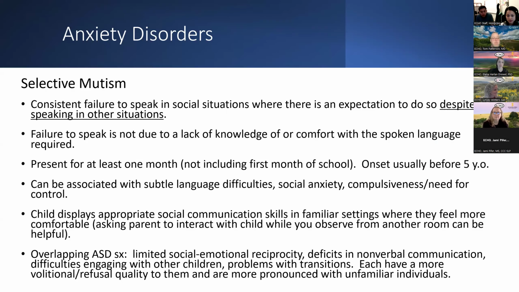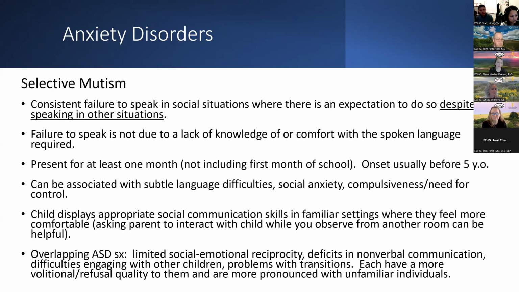So selective mutism. Selective mutism is basically a consistent failure to speak in social situations where there is an expectation to do so despite speaking in other situations. So this child usually has normal language and can talk and interact freely with people they know well, but it becomes an issue when they're in a situation where they don't know somebody very well. So their failure to speak is not due to a lack of knowledge.